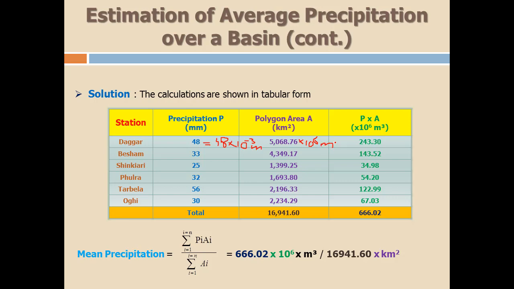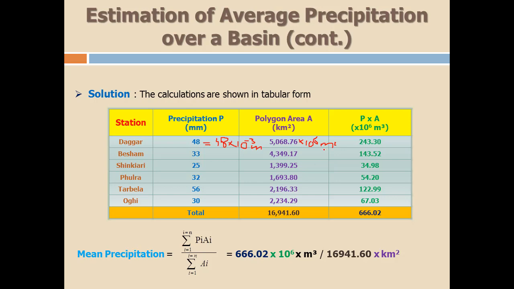Now if you multiply 48 into 10 raised to the power minus 3 meter by 5068.76 into 10 raised to the power 6 square meter, you will get 243.3 into 10 raised to the power 6 cubic meter.